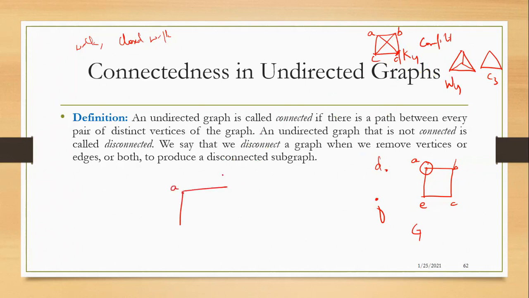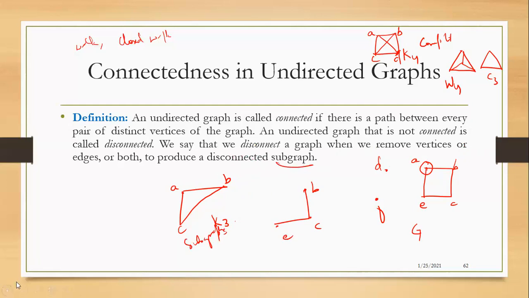So the graph will become A, B, C, after removing the edges A to D, B to D, and C to D. So K4 has become K3. Apart from that, if I remove a vertex A from here, then this graph will become B, C, and E. These are basically subgraphs, right? They are some part of your actual graph, and they can be disconnected subgraphs.